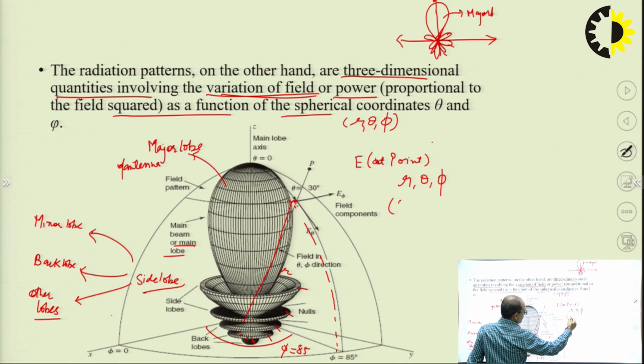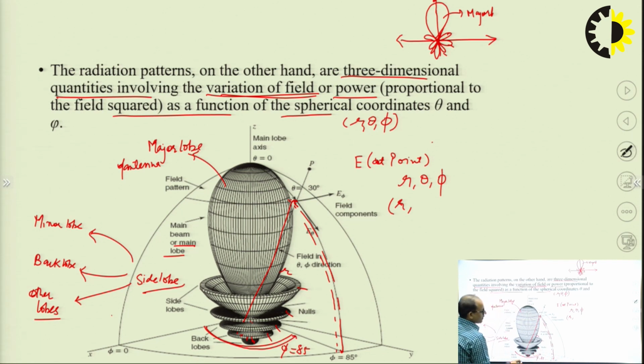Let's say r is 5. Phi is obtained by taking the transformation of this point in the xy plane and measuring phi in the anti-clockwise direction from the positive x-axis.